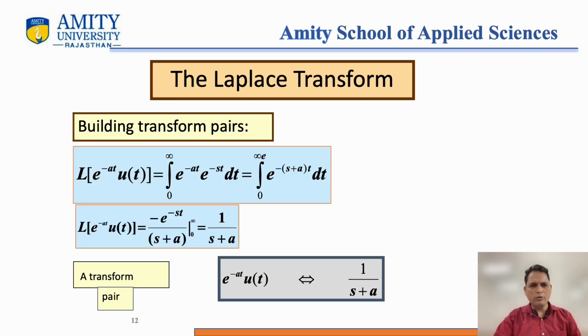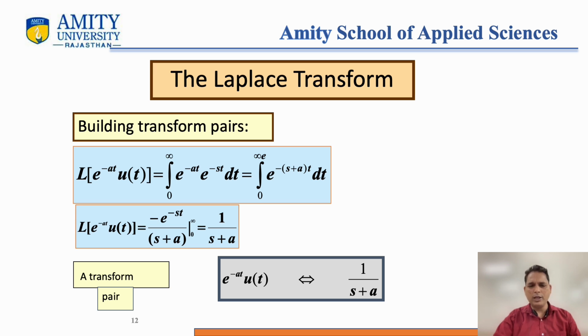Moving forward, a few of these should be memorized. One function is e to the power minus at. If we talk about the Laplace transformation of e to the power minus at, its value is the integral from 0 to infinity of e to the power minus at into f(t).